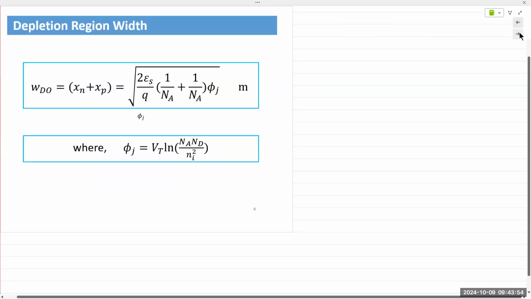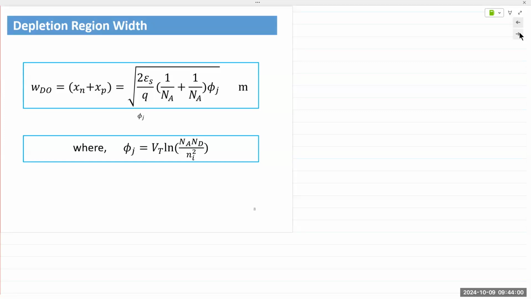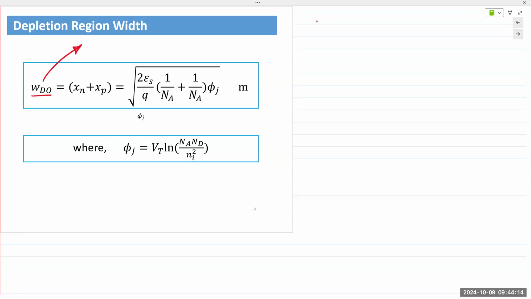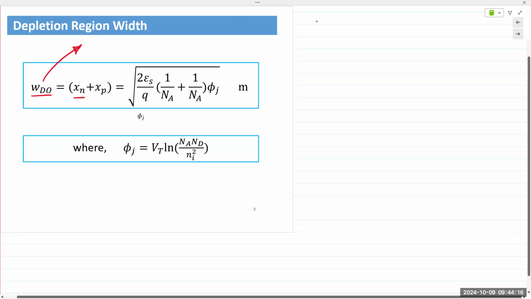Here are the two equations that describe the junction potential and the depletion region width. WD0 is the depletion region width, or the width of the depletion region. As stated earlier, it extends on both sides of the junction, so it's given by the sum of Xn and Xp.